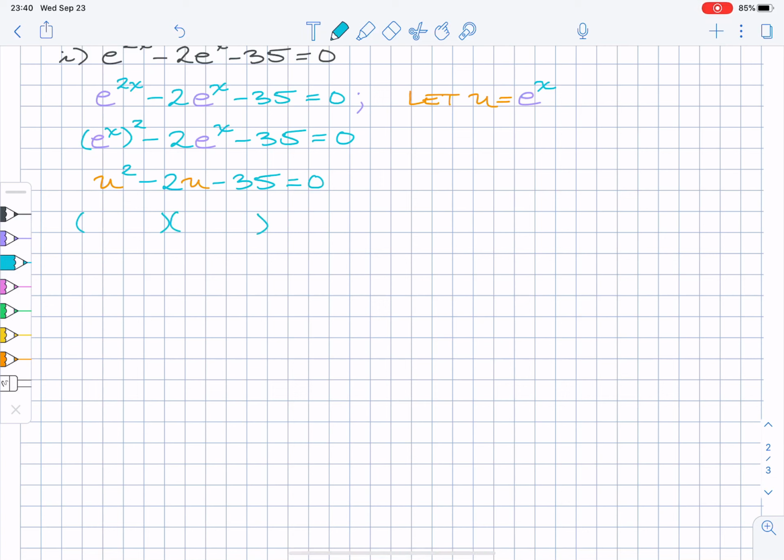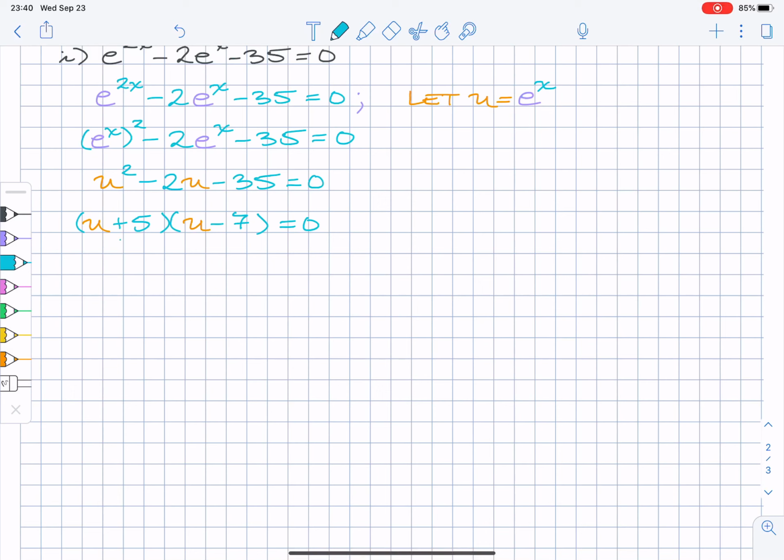So all I need to do now is ask myself, what two integers have a product of negative 35 and a sum of negative 2? Well, 35 is 5 times 7, so let's see, positive 5, negative 7, does that work? And it does.